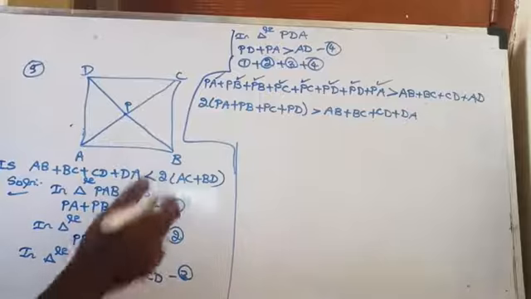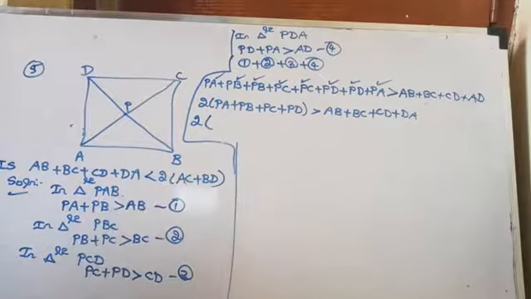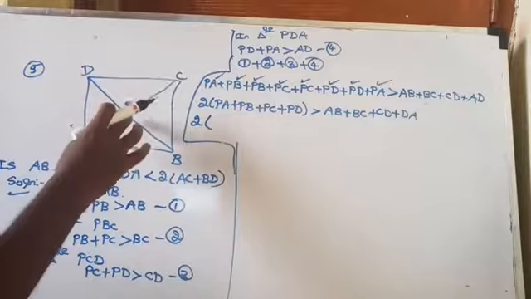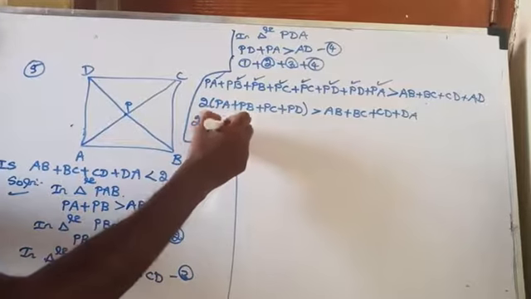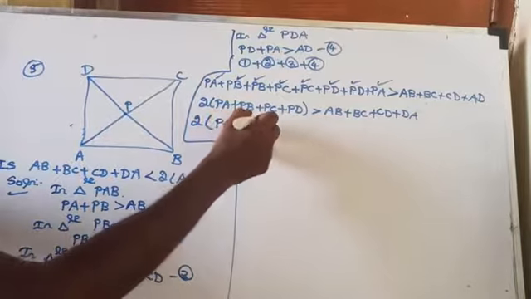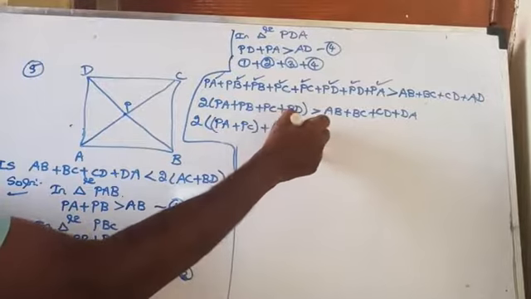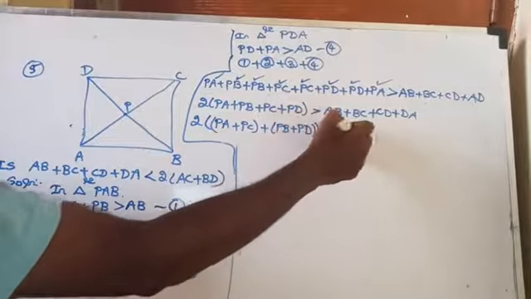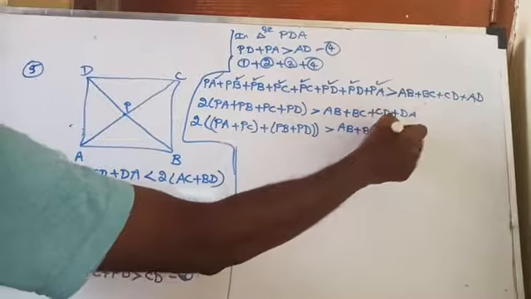Now, here what do we need? We need AC and BD. AC is nothing but AP plus PC. So I am going to rearrange: 2 times of PA plus PC plus PB plus PD is greater than AB plus BC plus CD plus DA.